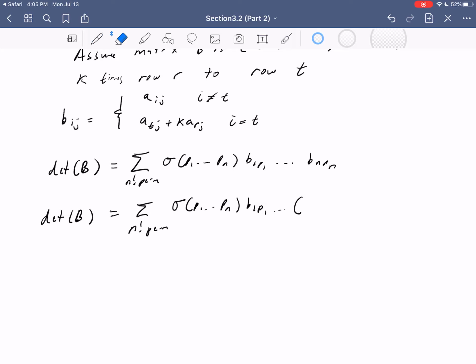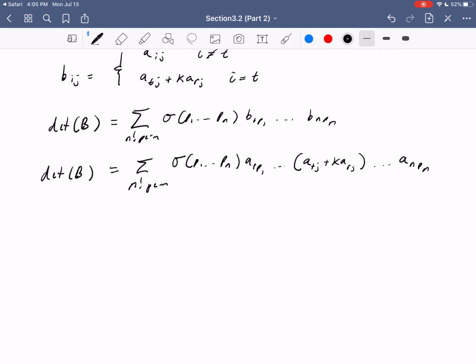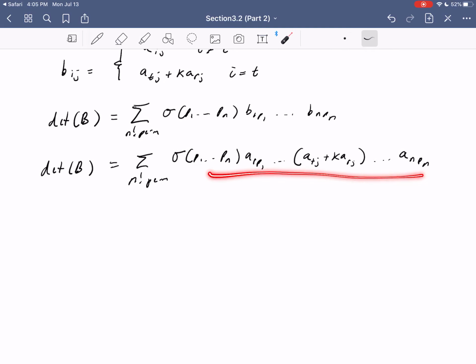So let's replace all the elements: a_1p1 down to that moment, a_tj plus k a_rj, and then down to the last one, which will be back to just being the elements of A, a_npn. Then we can split that, like we said: distribute everything onto one piece and then onto the other, and split it up as two separate pieces.